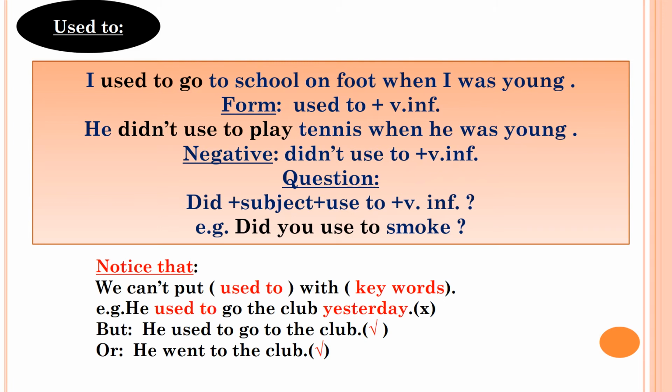Like I say, he used to go to the club yesterday. This is a wrong sentence because used to can't come with yesterday, can't come with any keywords. But the correct sentence must be he used to go to the club or he went to the club.